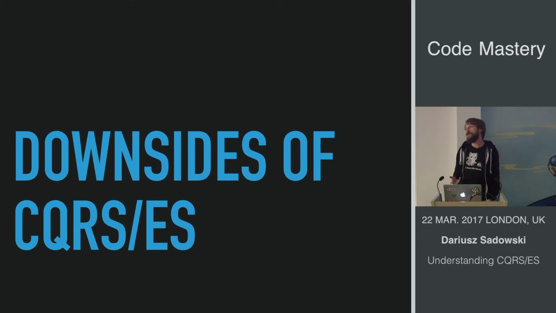And when it comes to events, another downside, a tricky thing, is when an event changes. Because in time you will get new features, new fields in your entities, and new events will happen, or you will need to change the existing events.